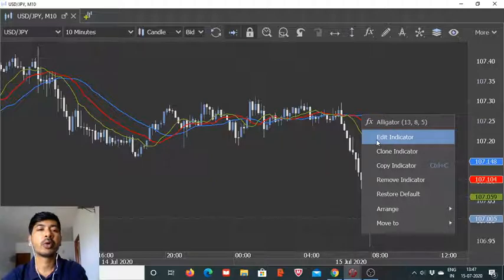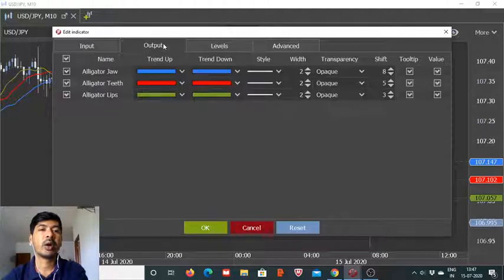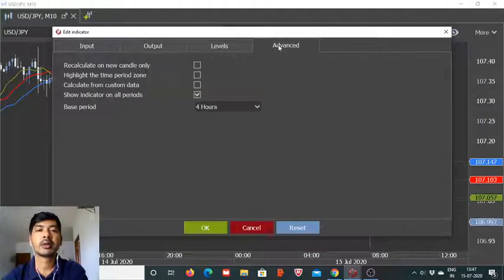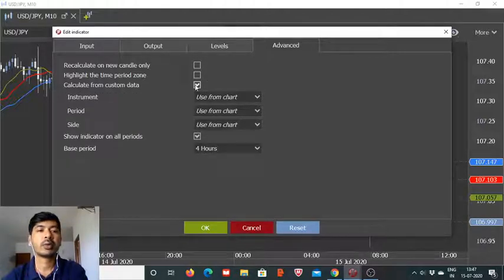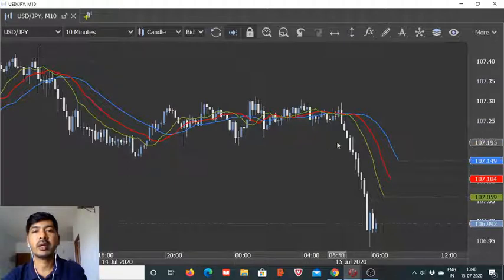Suppose you want to make changes, you want to edit: here we have the calculation using from chart. So here you can choose the ask side. In that scenario it will be calculated differently.